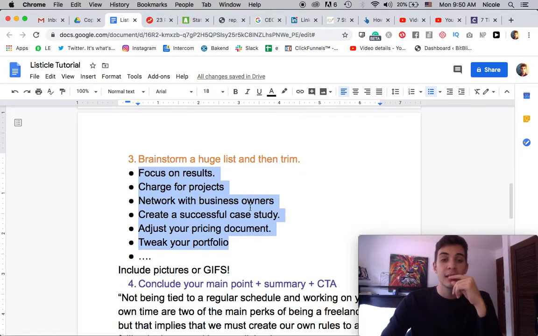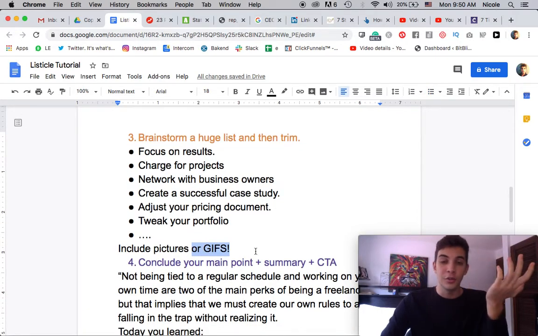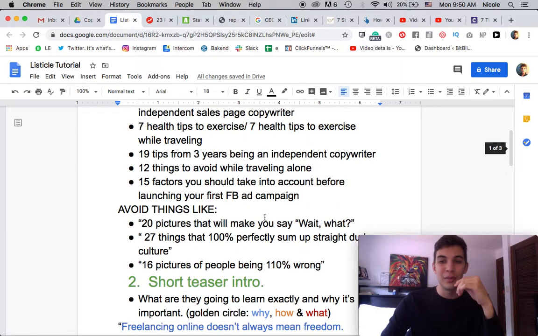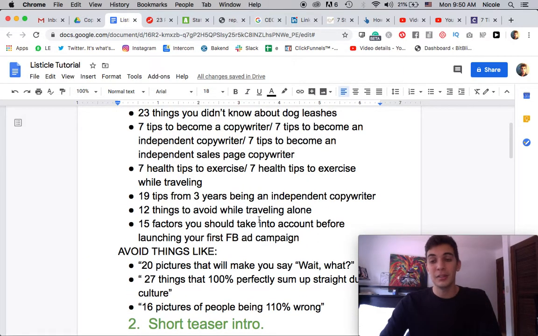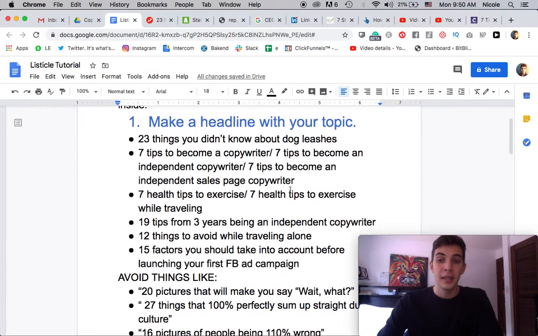A really cool tip is also including some pictures and GIFs because of the image superiority principle that I always explain to you. We process pictures more quickly than words. If you see one picture, it can say 1,000 words.